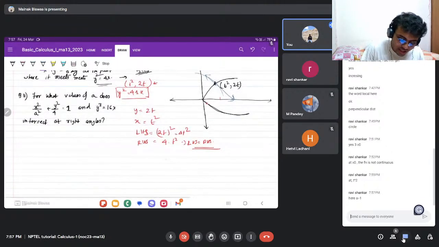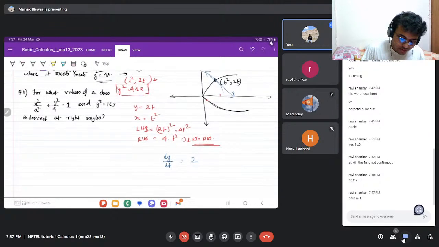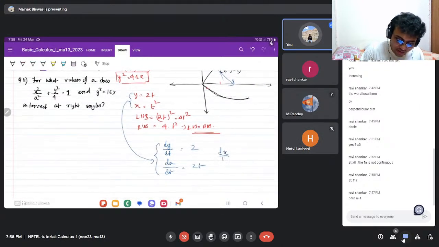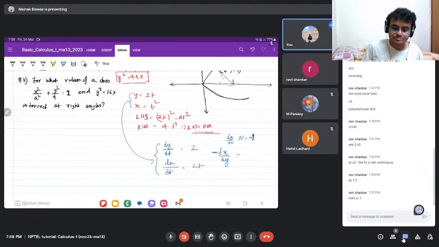So what is the derivative? dy dt is 2, and dx dt is 2t. Agreed? So what is dx dy, or minus dx dy is the normal, right? dy dx into the normal slope has to be equal to minus 1 since they are perpendicular. So this is the normal curve.